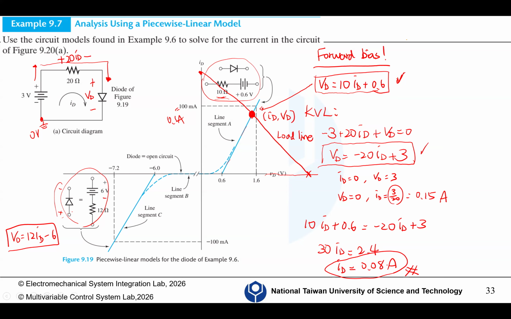And to solve for VD, VD is -20 times 0.08 plus 3, which equals 1.4 volts, and it's under forward bias.